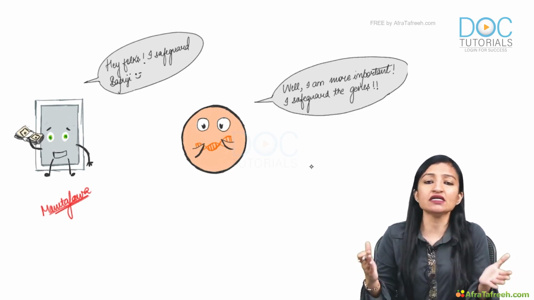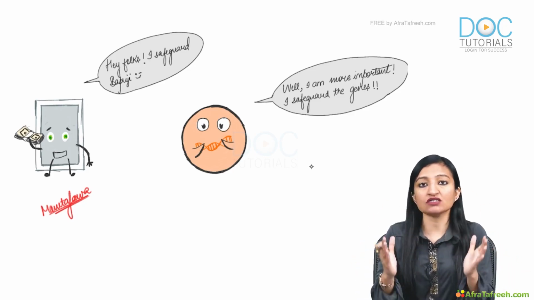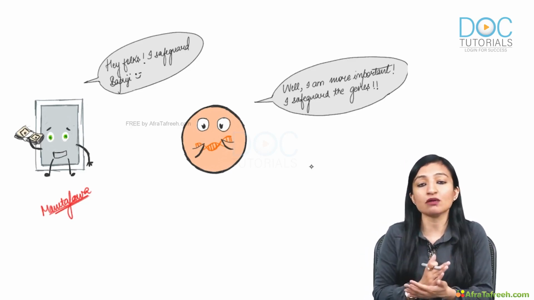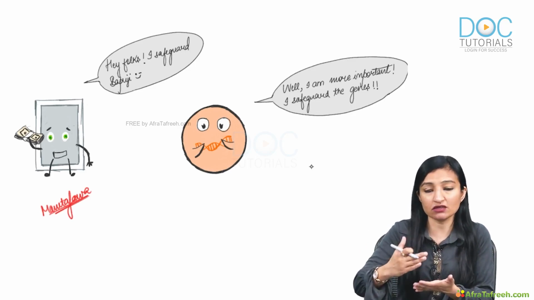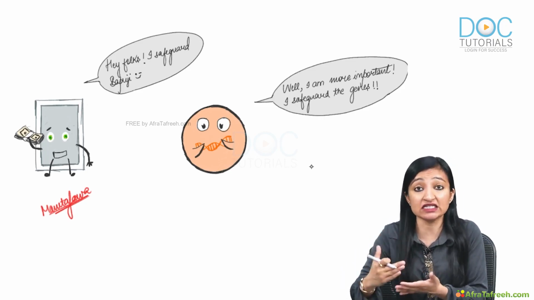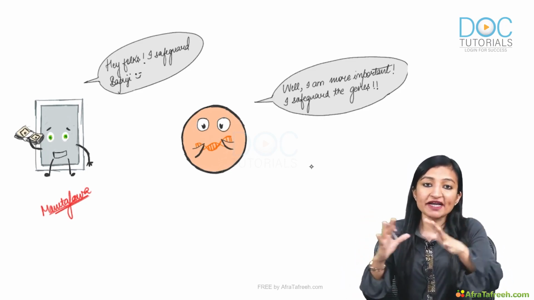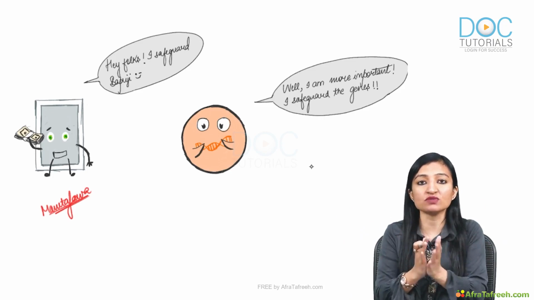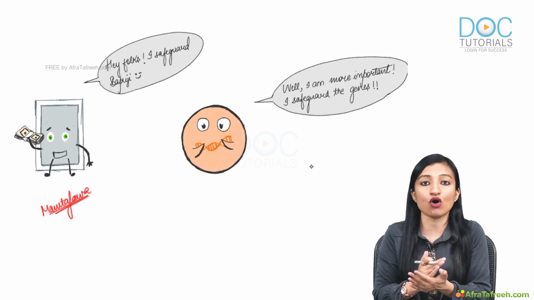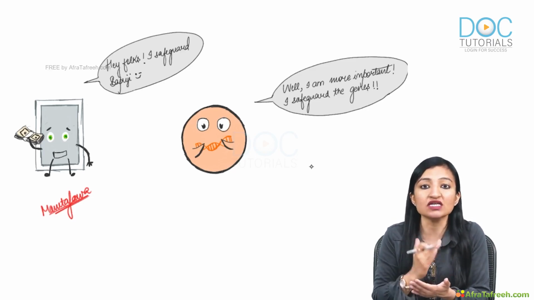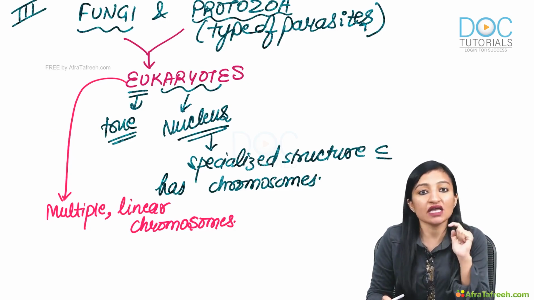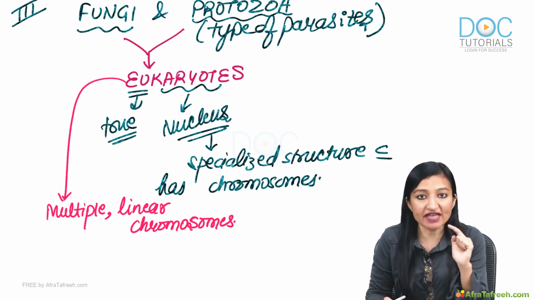There is no need for a locker in the form of a nucleus in bacteria. Eukaryotic organisms, on the other hand, are rich in the sense that they have multiple linear chromosomes, and they have to accommodate all these chromosomes in a specialized structure which God has given to them in the form of the locker, the nucleus. So now it's understandable why the nucleus is important in eukaryotes.